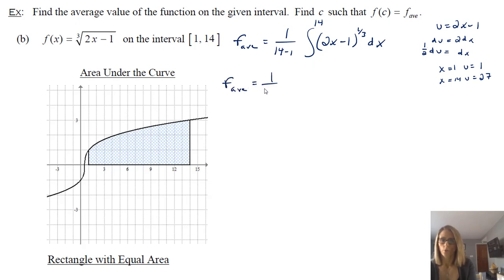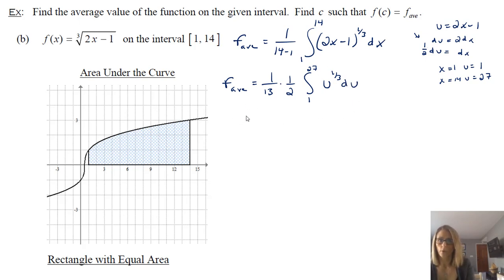We have 1 over 13. I'm also going to have that 1/2 that's coming from the rewriting here using the substitution. Oh, I lost my 1 there. So we're going from 1 now to 27, and I have u to the 1/3 du. So again, using the substitution method.